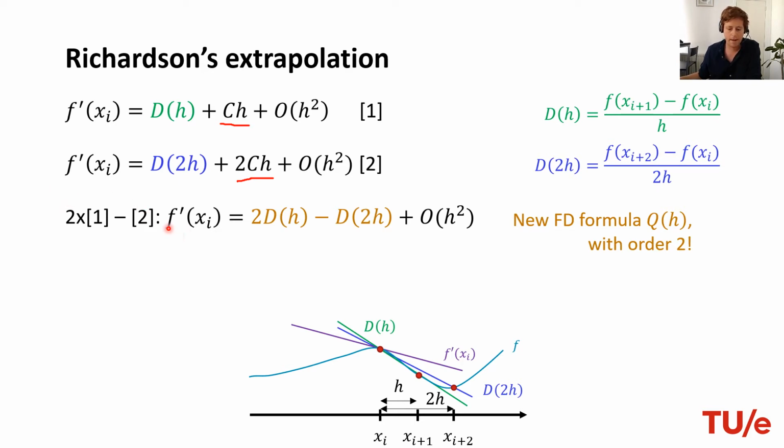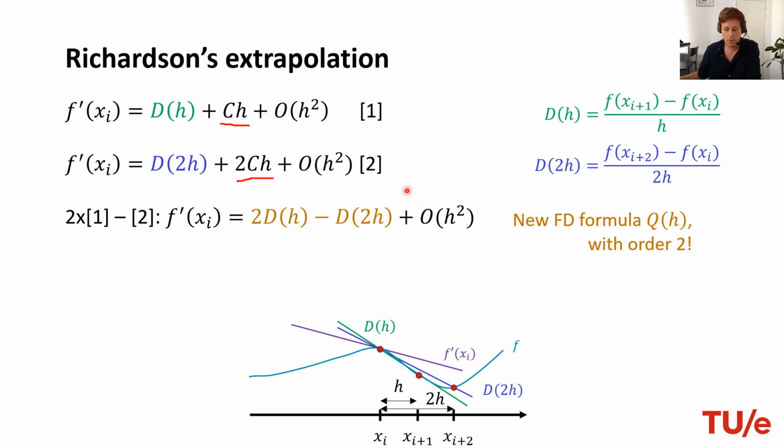We have that the derivative of f at xi, simply plugging in the right-hand sides here, is 2 times D of h plus 2ch minus D of 2h. And we see that this 2ch will cancel out the other term over there. So by taking twice this minus this, the h order term cancels out, and what is left is only an error term of order h squared.